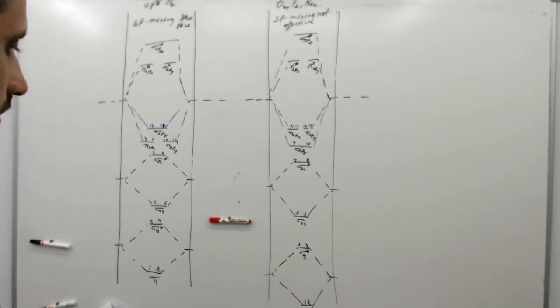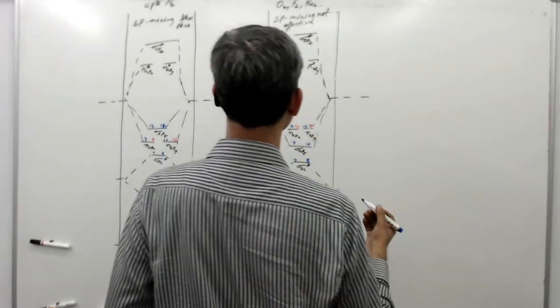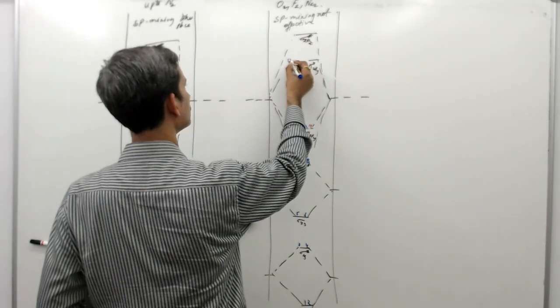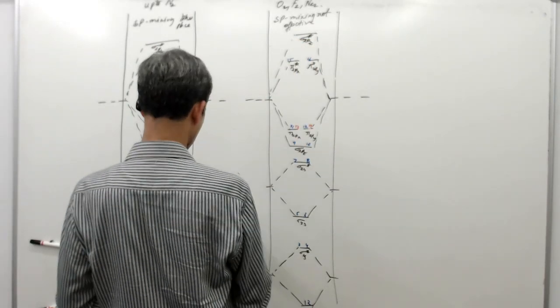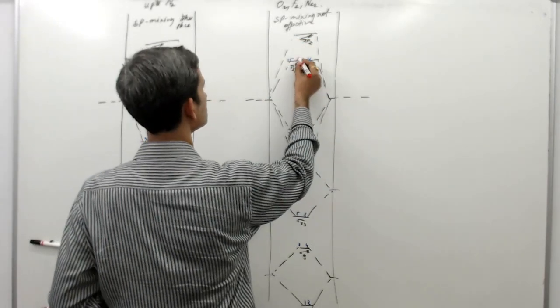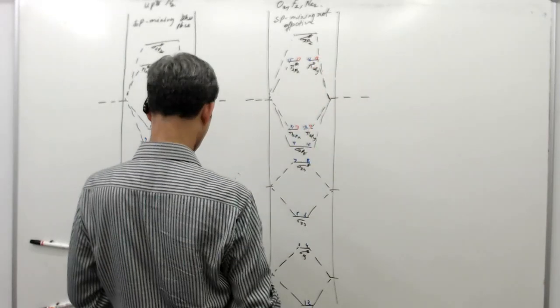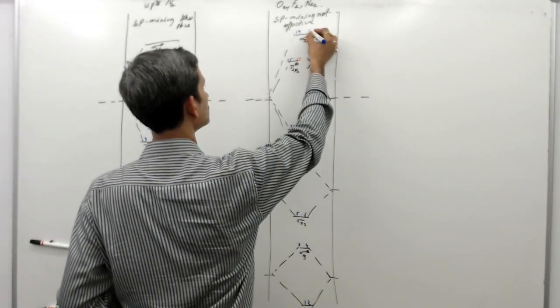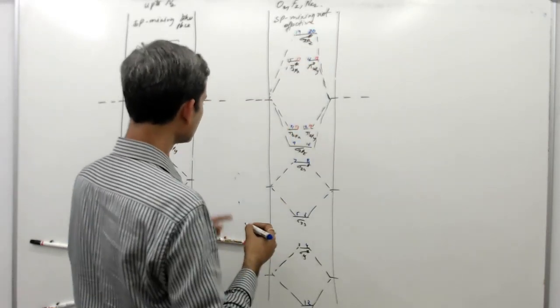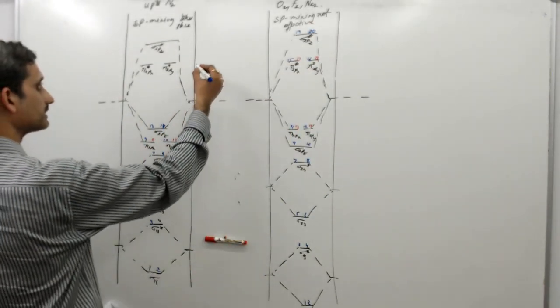Yes, sir. Okay. Then we have 15, 16, 17, 18, 19, 20. Now these electrons are going to be represented like this.